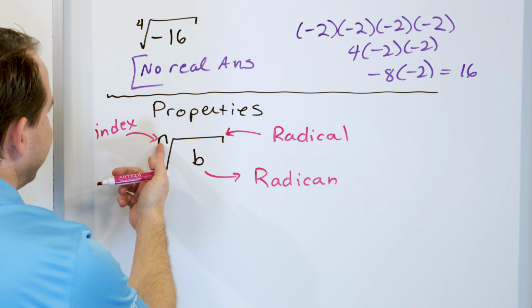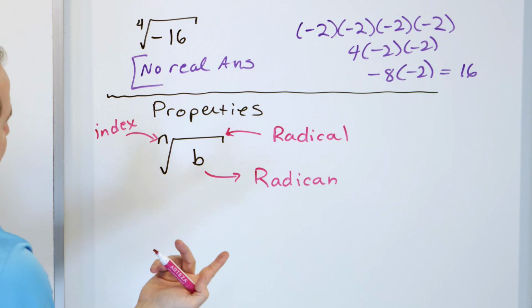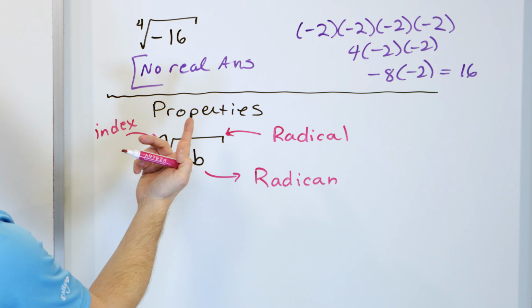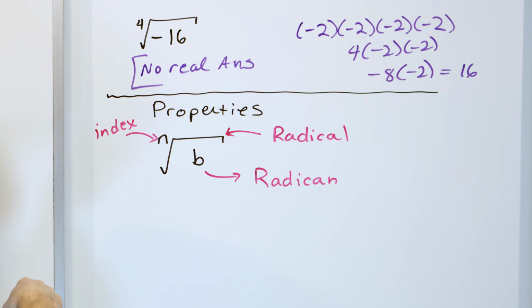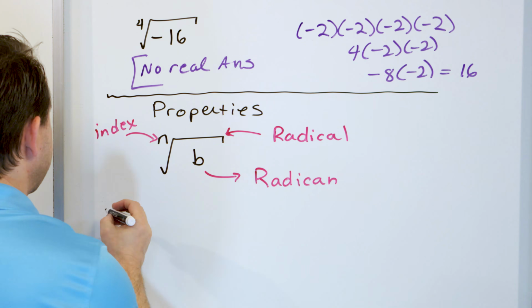Now for square roots, we just don't even write the 2, but n would be 2. Cube roots would be 3, and fourth roots would be 4, and so on. So now that we have all of that out of the way, the property that I'm really trying to say, that I've said many, many times, is this.